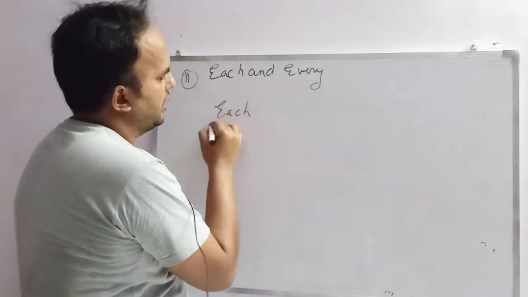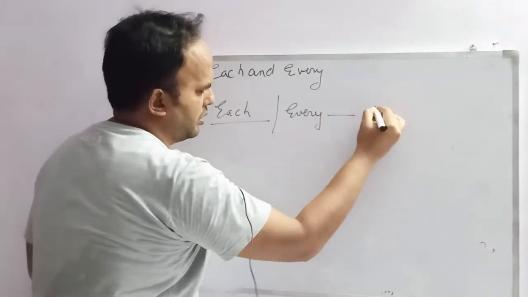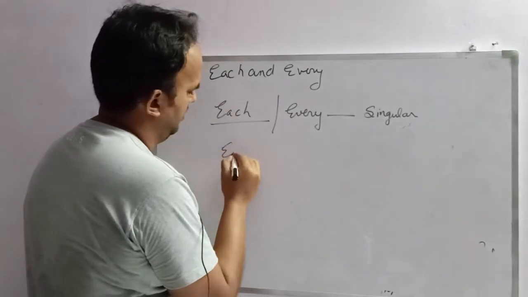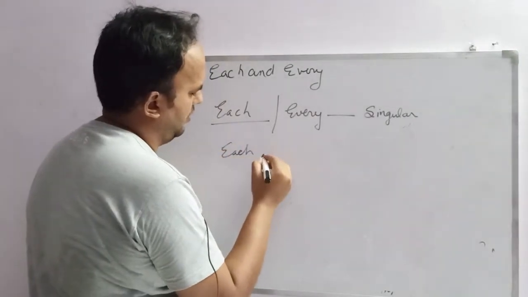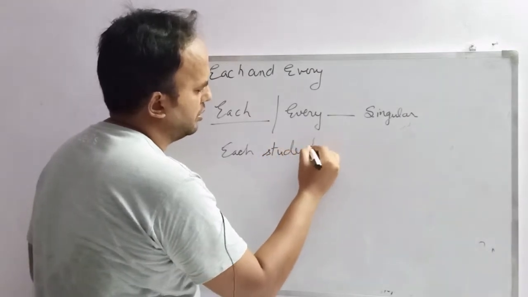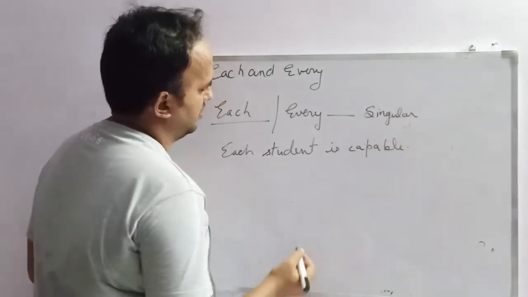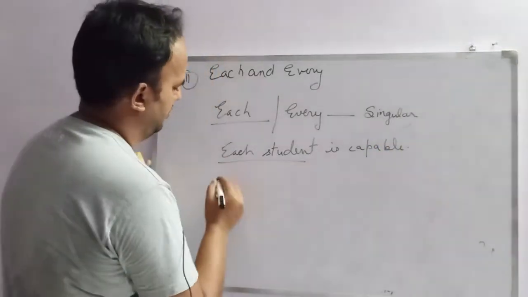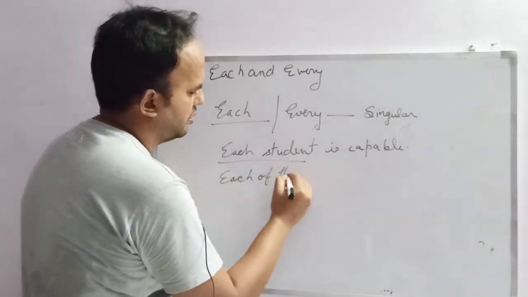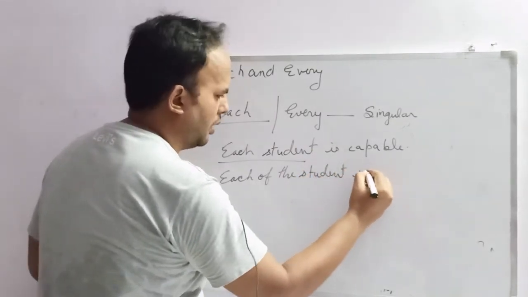Whenever we use each or every, we have to use a singular verb. Each student is capable. Now, each of the students is capable.